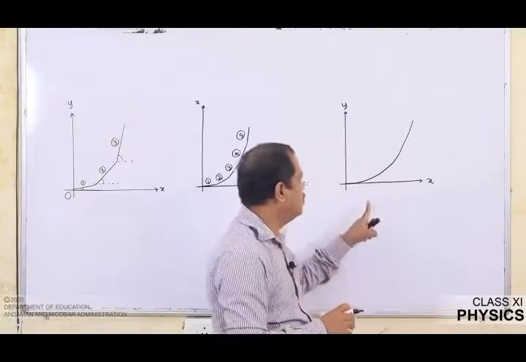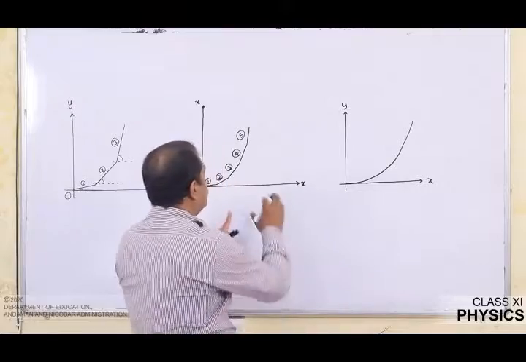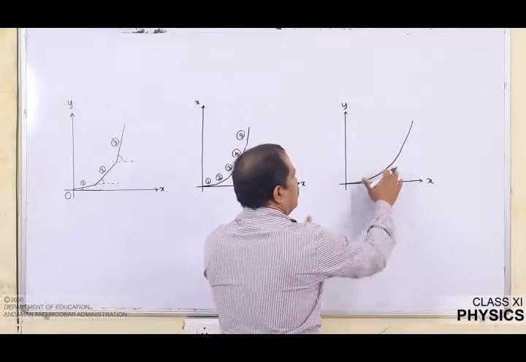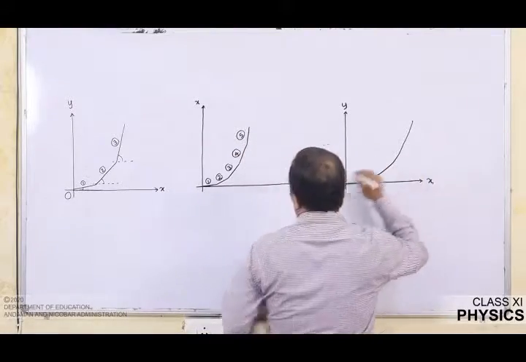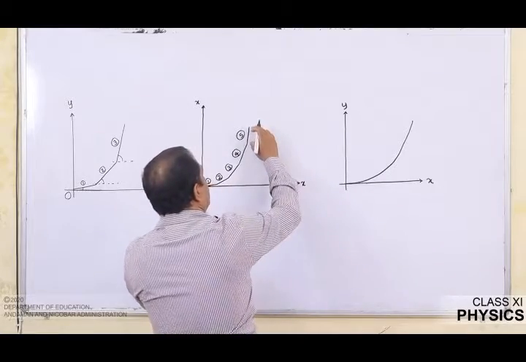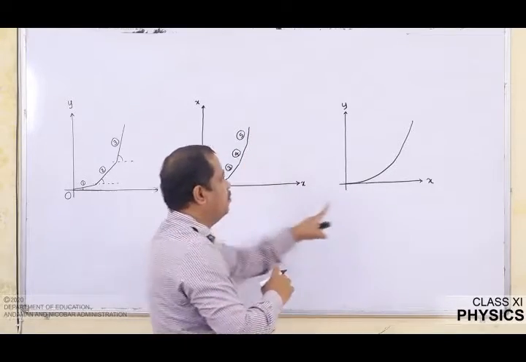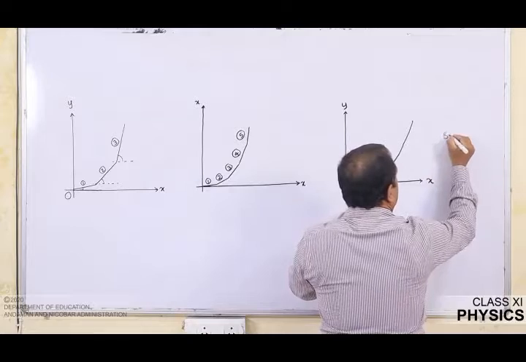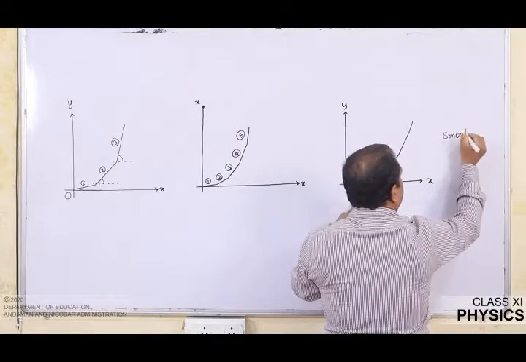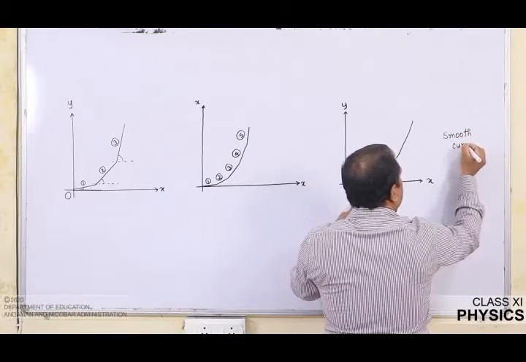If you look at the third graph, when we compare this graph and this graph, this is also a curve, but made out of line segments. But this one is a smooth curve.